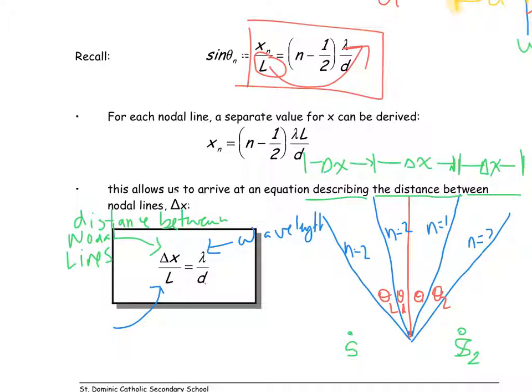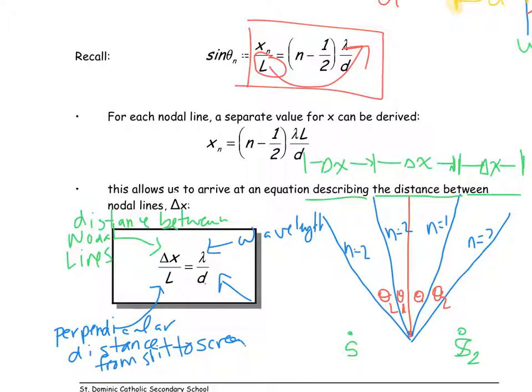L, in this case, describes the perpendicular distance from slit to screen. And D represents the distance between the slits.